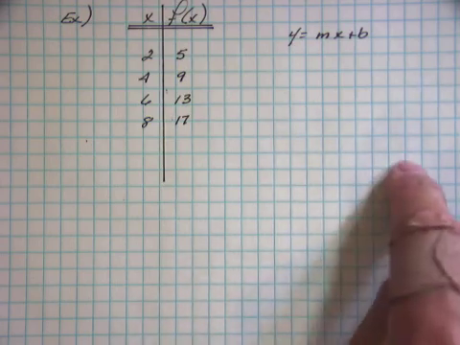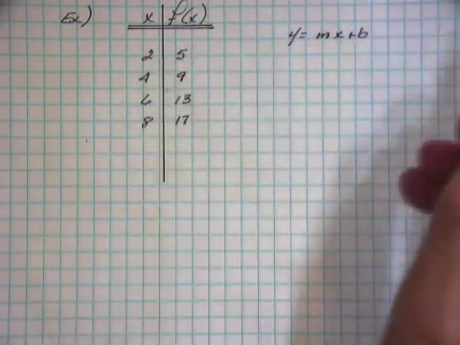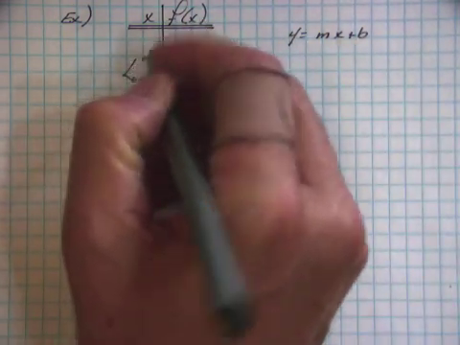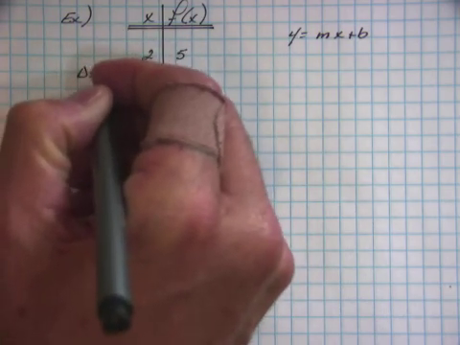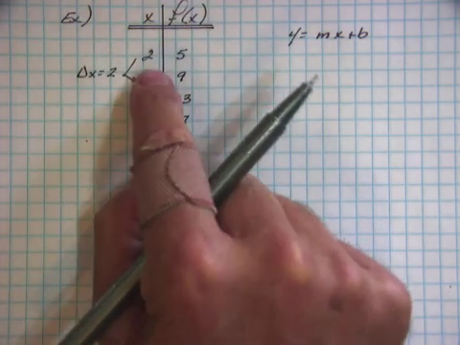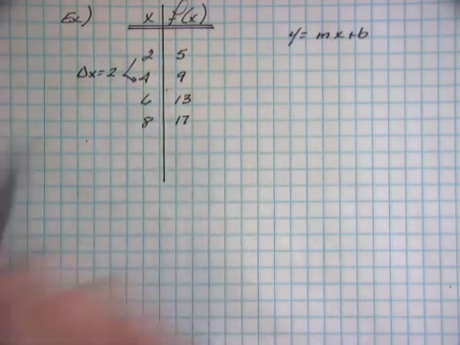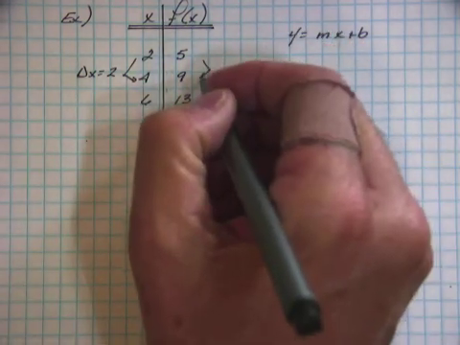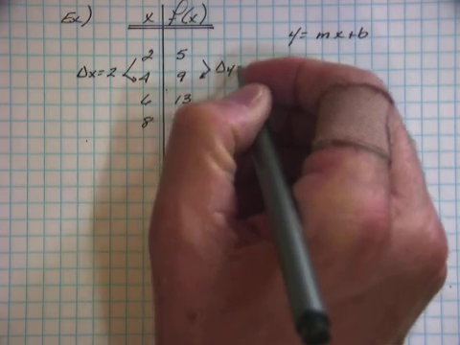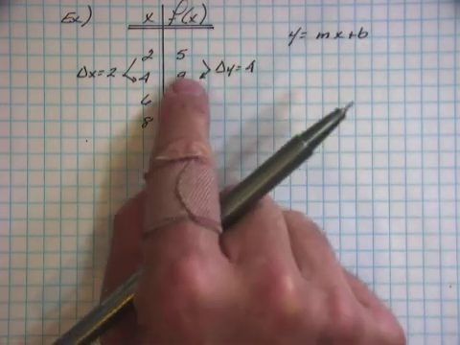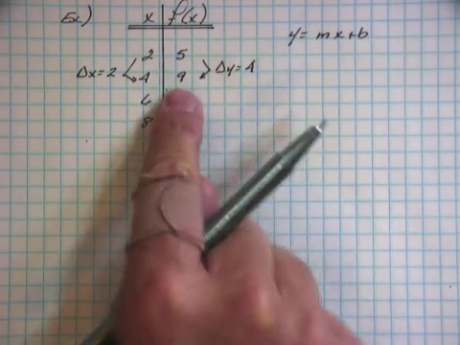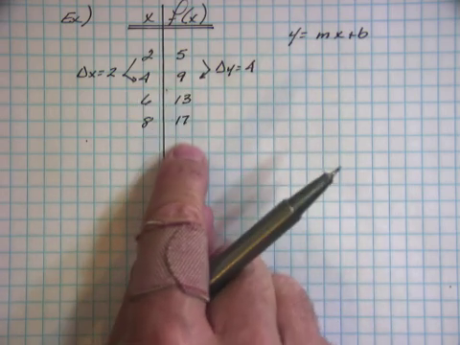Okay, so y equals mx plus b. Again, remember, instead of y, you can use f of x. And matter of fact, when I do my final answer, I'll be using f of x because we are in functions. Delta x equals 2, and that's consistent. 2 to 4, 4 to 6, 6 to 8, they're all 2.